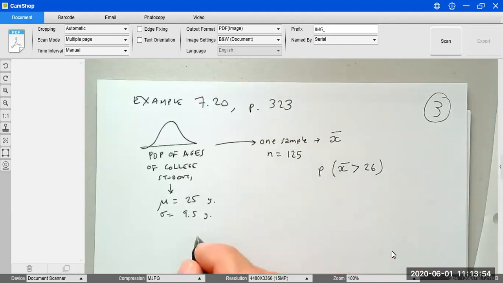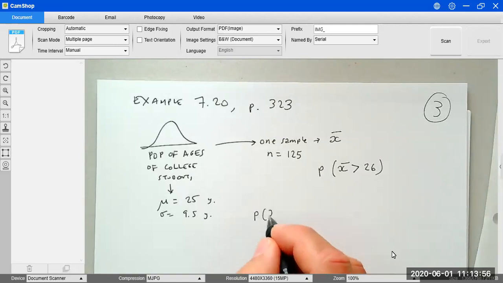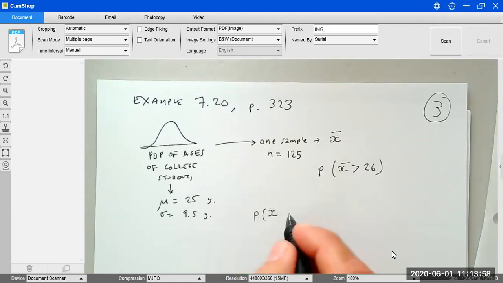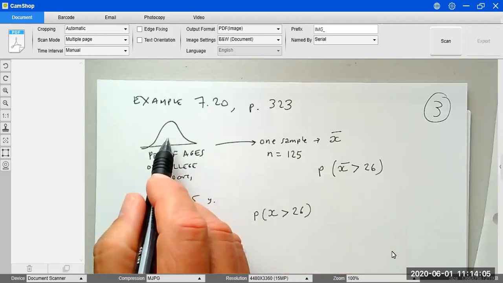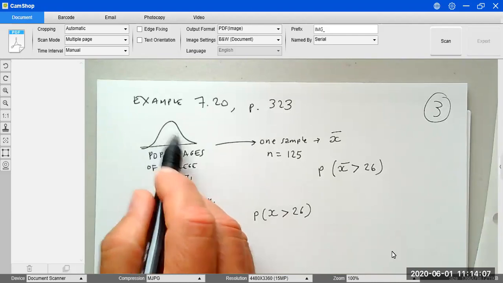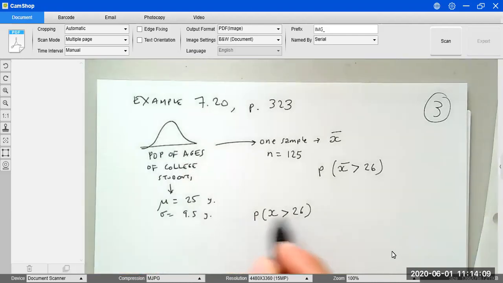Check here, they are talking about the probability of the mean of the sample. They are not talking about the probability that one single student might be older than 26 years if you get a student randomly selected from this population. That's what we did before, for a single student.